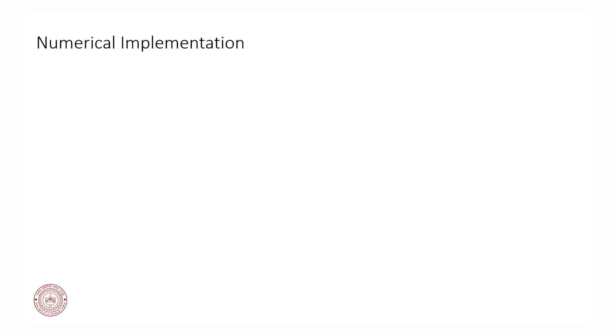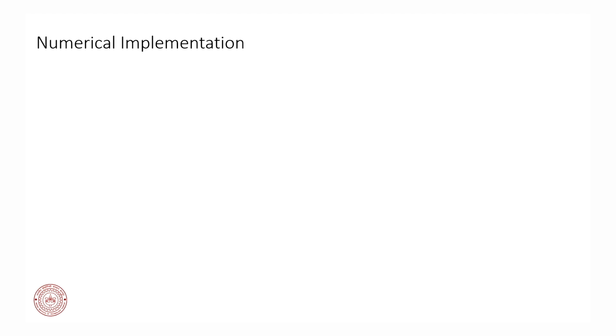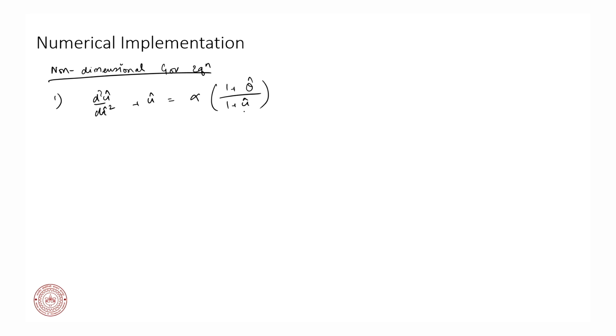Now, in this lecture, we will start with the numerical implementation, that is where we left off in the last class. So, for the numerical implementation, if we write down our governing equation in the non-dimensionalized form, our first equation was non-dimensionalized as d square u hat by dt hat square plus u hat equals alpha into 1 plus theta hat by 1 plus u hat.